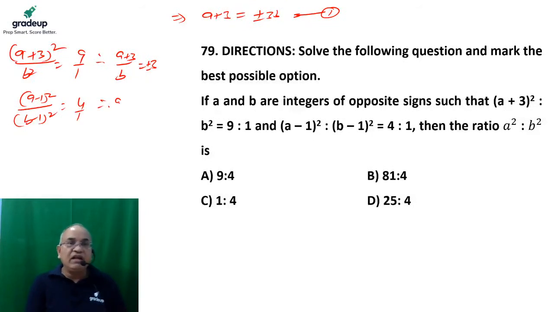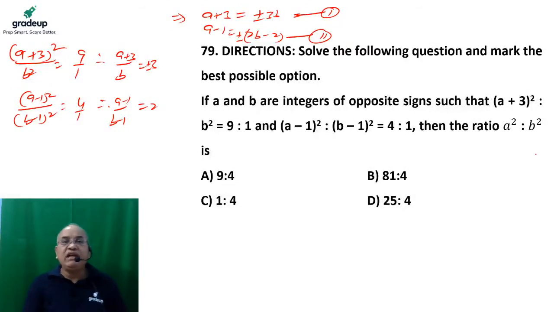So we can say that (a minus 1) upon (b minus 1) is equal to 2. So we can form the second equation from it, which is a minus 1 is equal to plus minus 2(b minus 1). This is equation number 2.